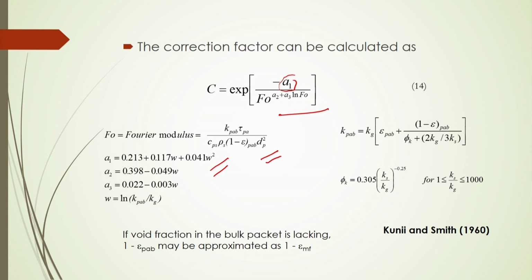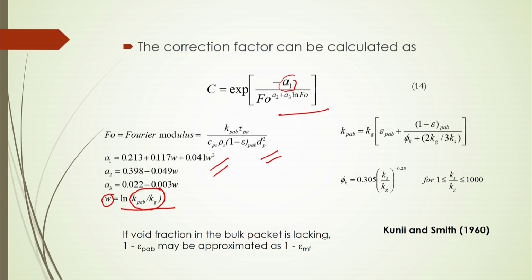This A1, A2, A3 are a function of W, that means wet fraction of the solids in the bed, and this W is defined as ln K_PAB by Kg. This is actually the logarithm of the ratio of the thermal conductivity of the packet particles to that of the gases.